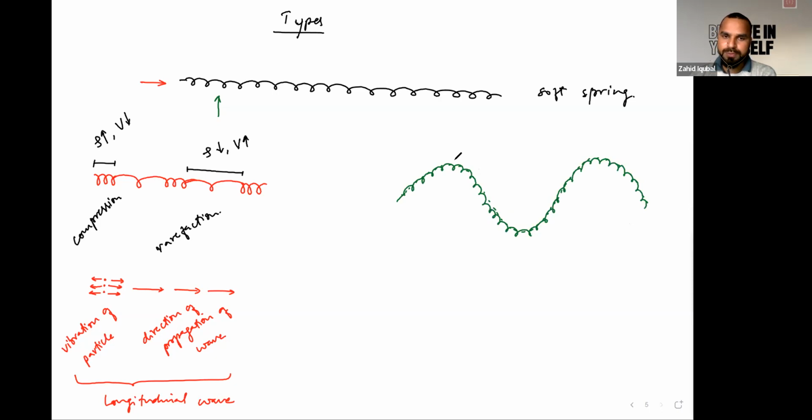So this topmost point behaving as hill is called crest. This bottom point behaving as valley is called trough.